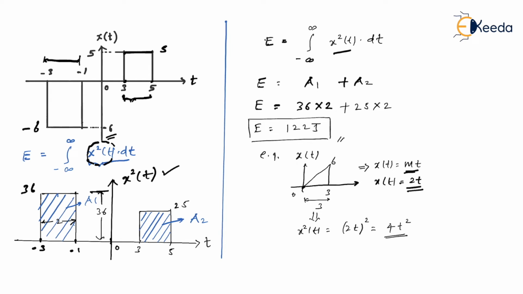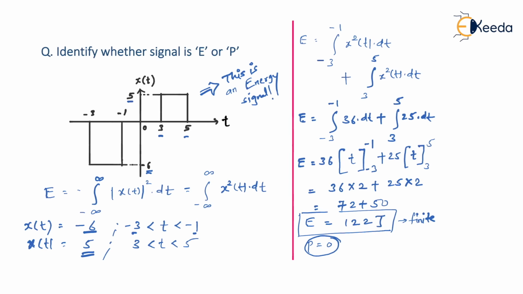So you should know the integration method also. But in case x of t given has amplitudes which are independent of time, that is constant, in that case graphical approach is useful for you. So I'm sure you got my point. In this case, let me come to the conclusion. The given x of t signal is an energy signal for which energy is finite and power is zero.